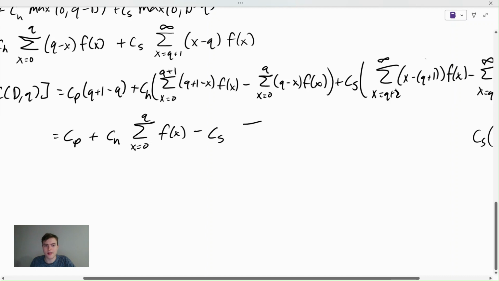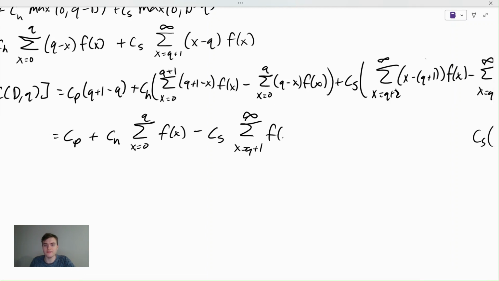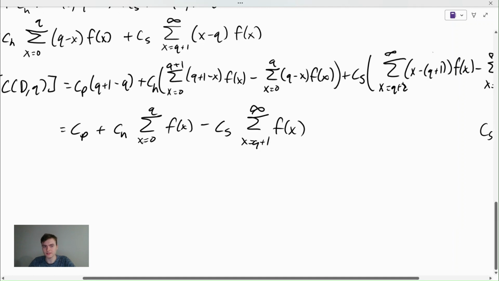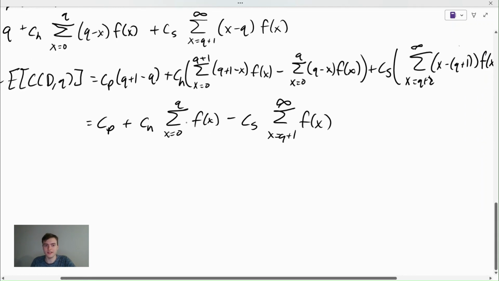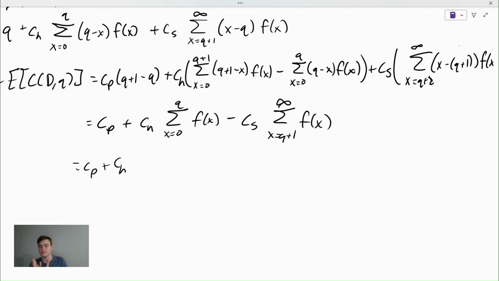Minus cs x equals q plus 1 to infinity f of x, right? And this is cp plus ch. Now let's convert it back into probabilities to make remembering it a little easier.